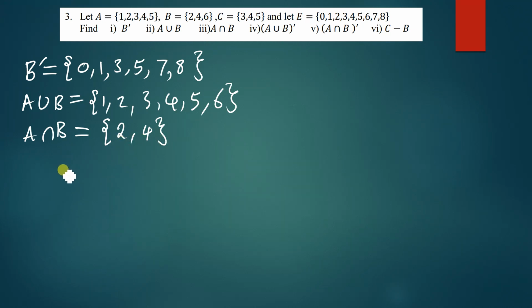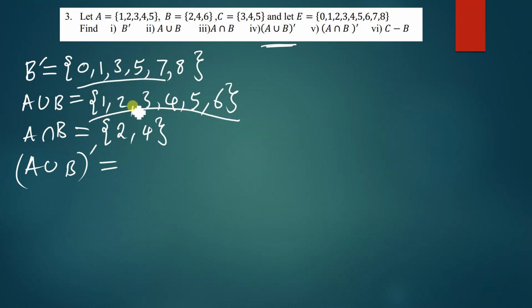Let us now find A union B complement. This means we list the universal set, excluding the elements that are in A union B. A union B is 1, 2, 3, 4, 5, 6.